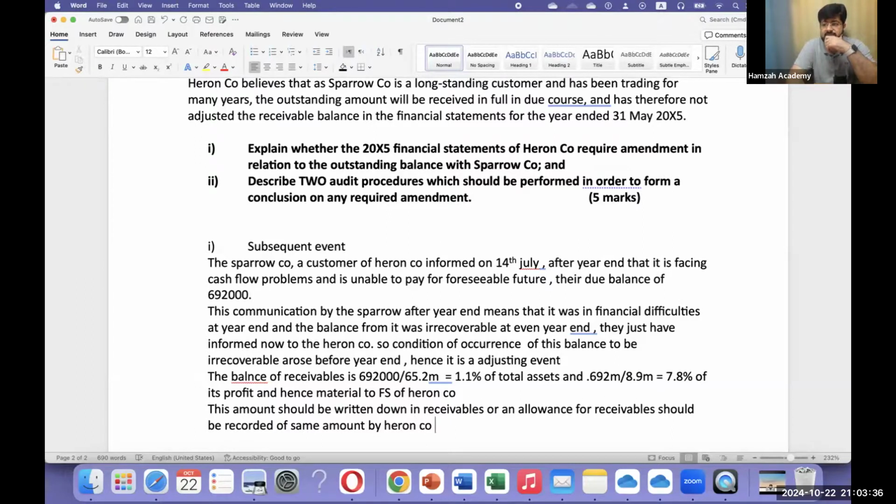So it is basically an estimate. Otherwise, receivables of the company are overstated.